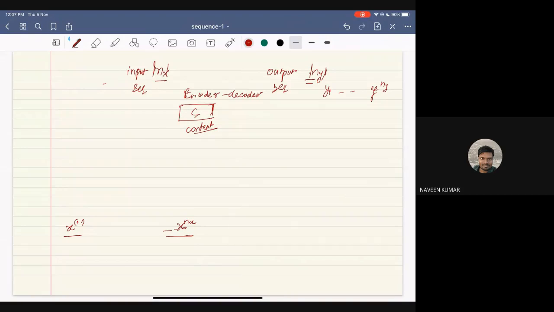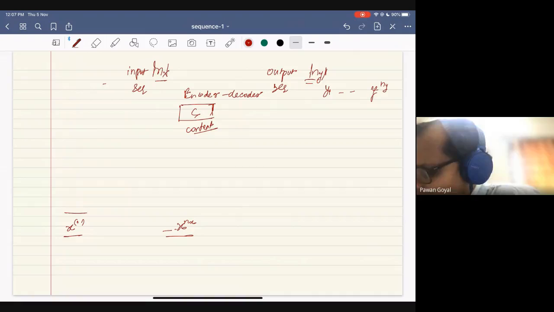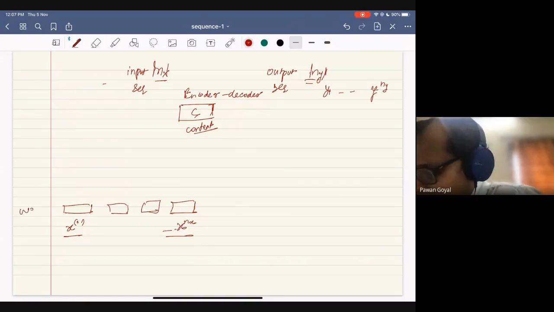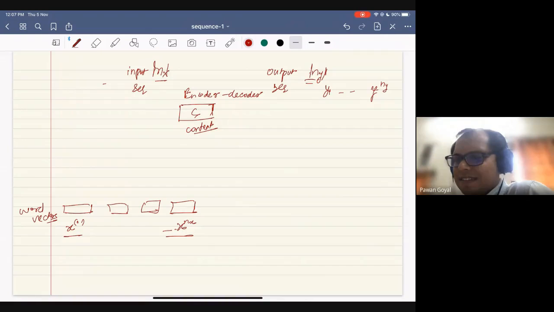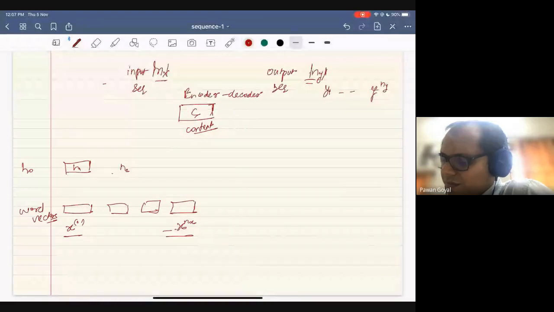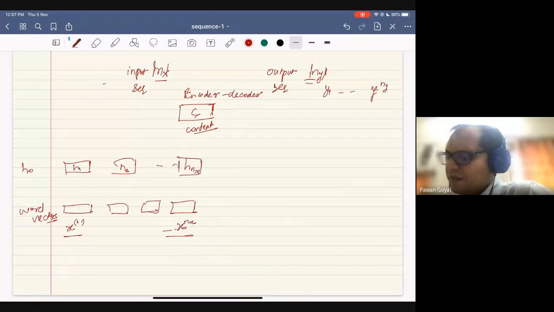Word2vec. So I'll feed individual words as word2vec. Very good. Then they are the word vectors. Then I have some hidden states, right?